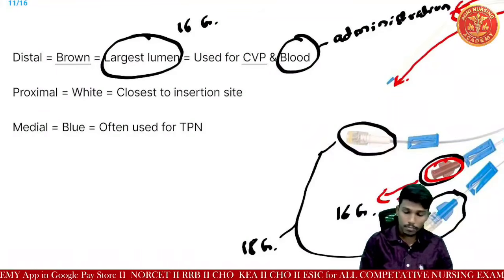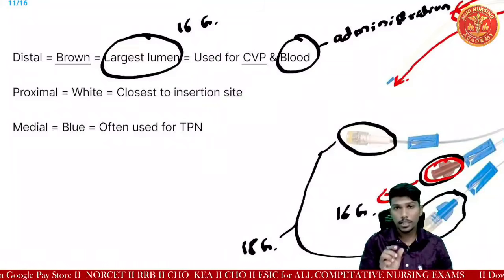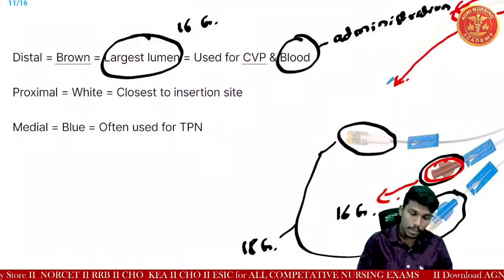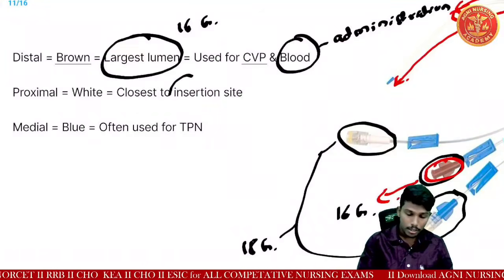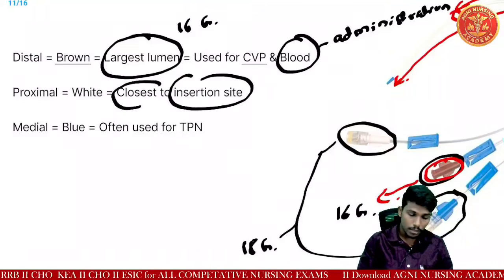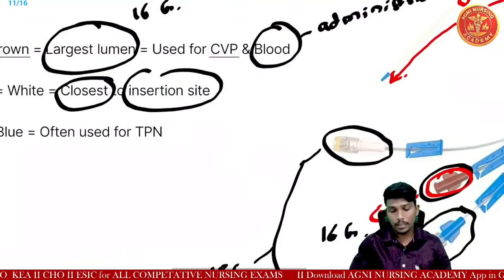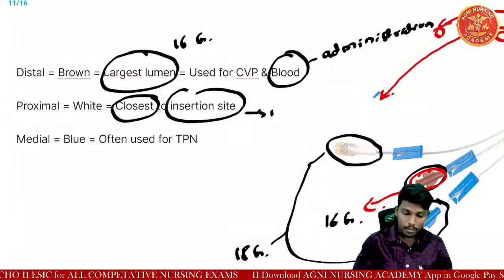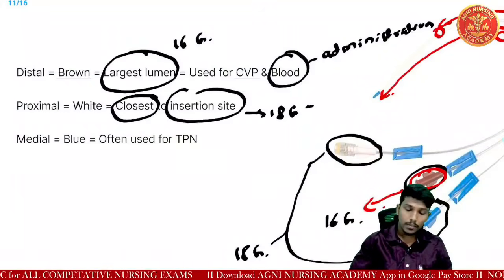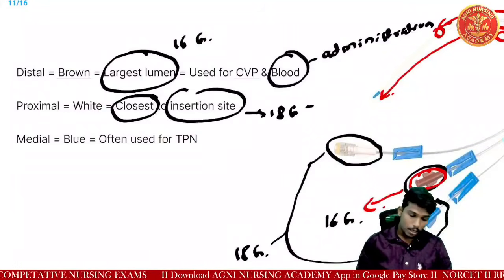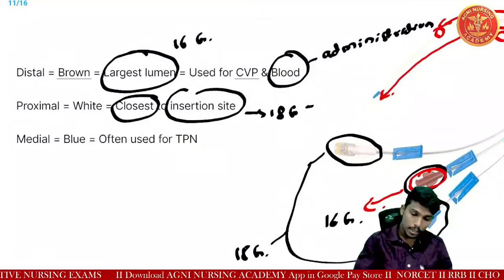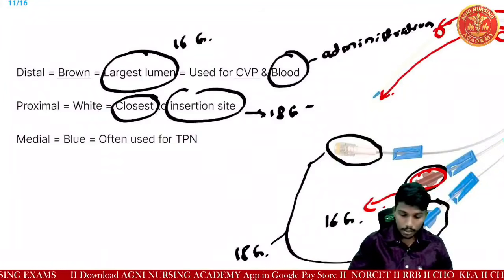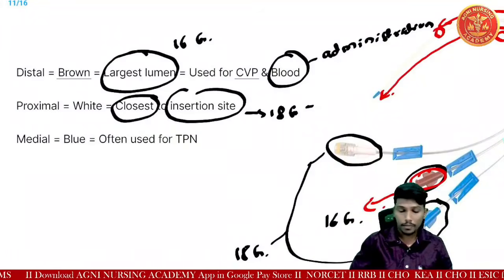Then coming to the proximal. Proximal means near to the insertion site. Here already I have mentioned insertion site, closest. Okay, closest to the insertion site. This is 18 gauge, and this is closest to the site, and we can infuse the medications.